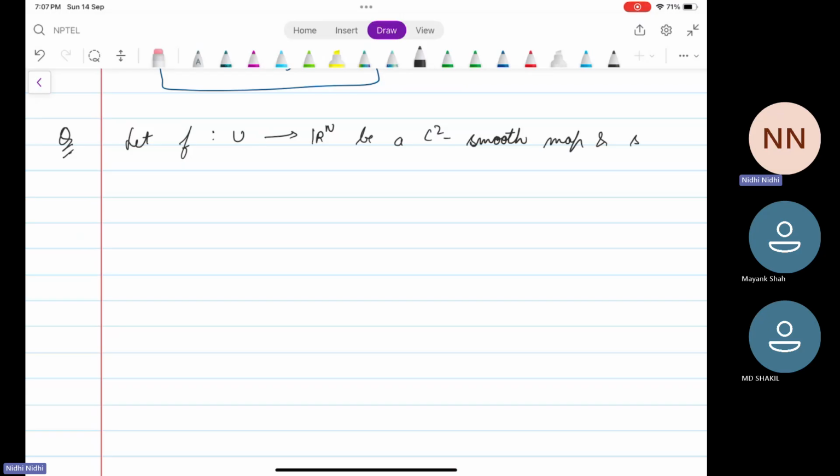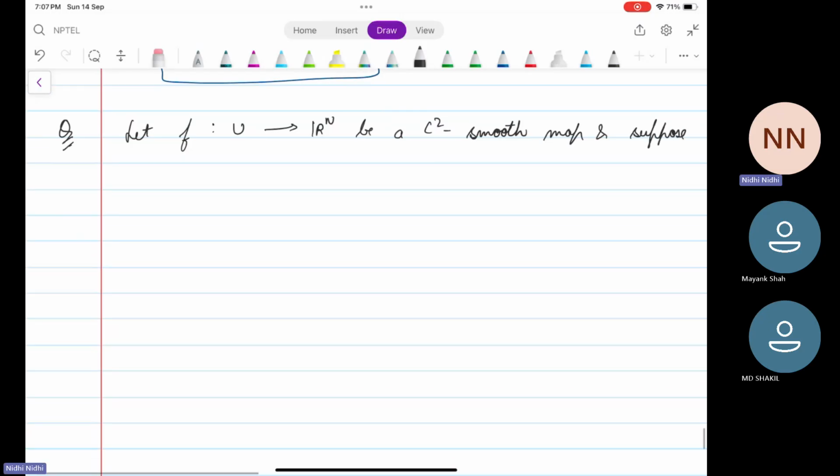And suppose x is a root of f, that means f(x) is equal to 0 for some x in U. Now assume that df at x, the derivative of f at this x, is invertible.